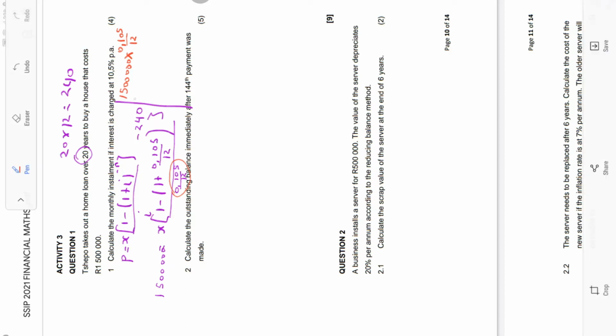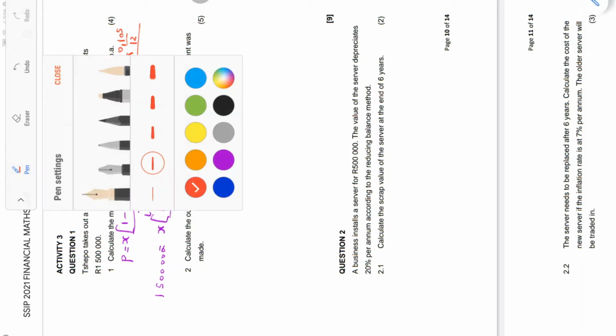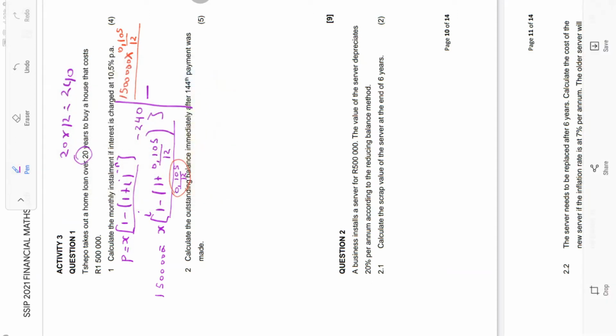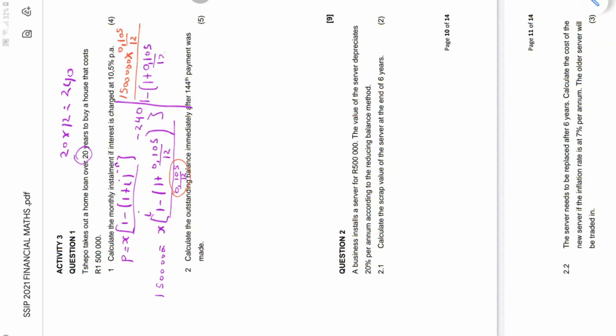Then you divide by the big bracket, and that big bracket starts with a 1 minus (1 plus 0.105 over 12) to the power of negative 240, and that gives you the value of x.